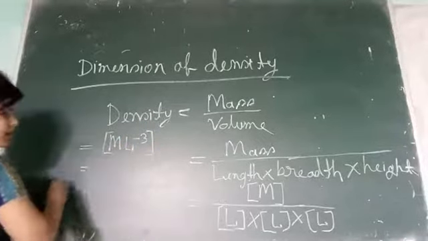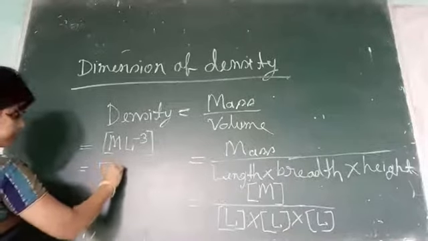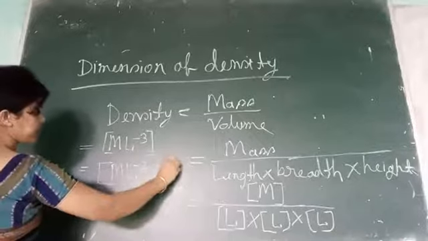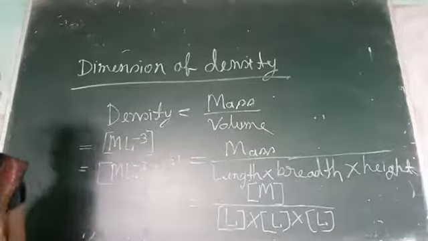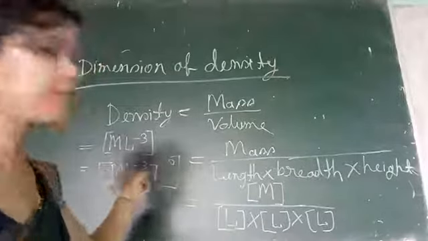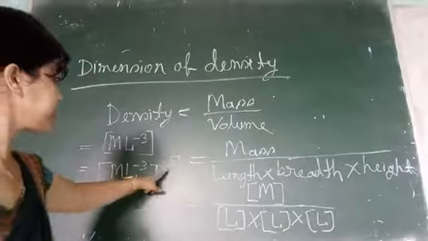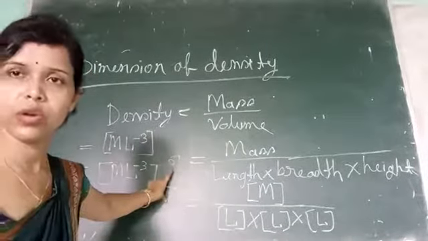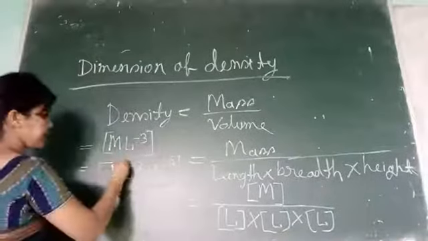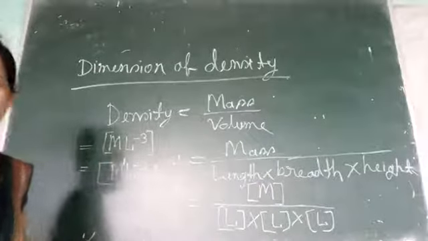Here actually M L to the power minus 3 T to the power 0 we can express in this way. T to the power 0 means the time dimension is not utilized here, that is why we write dimension 0, and mass M to the power 1 and L to the power minus 3.